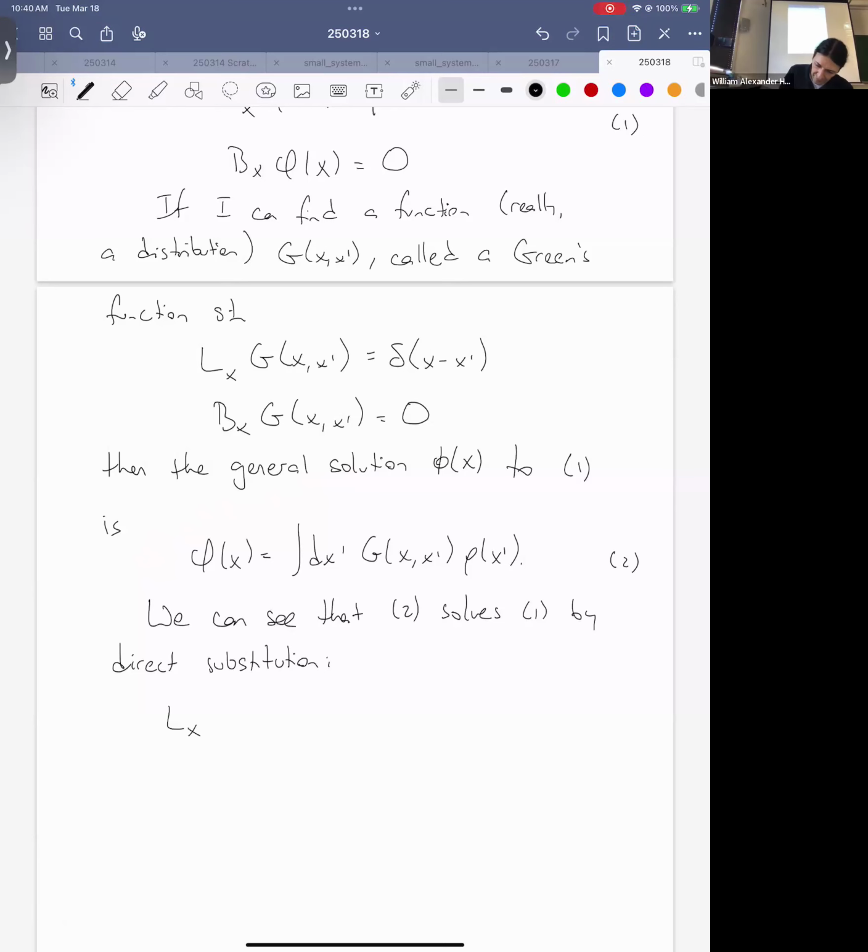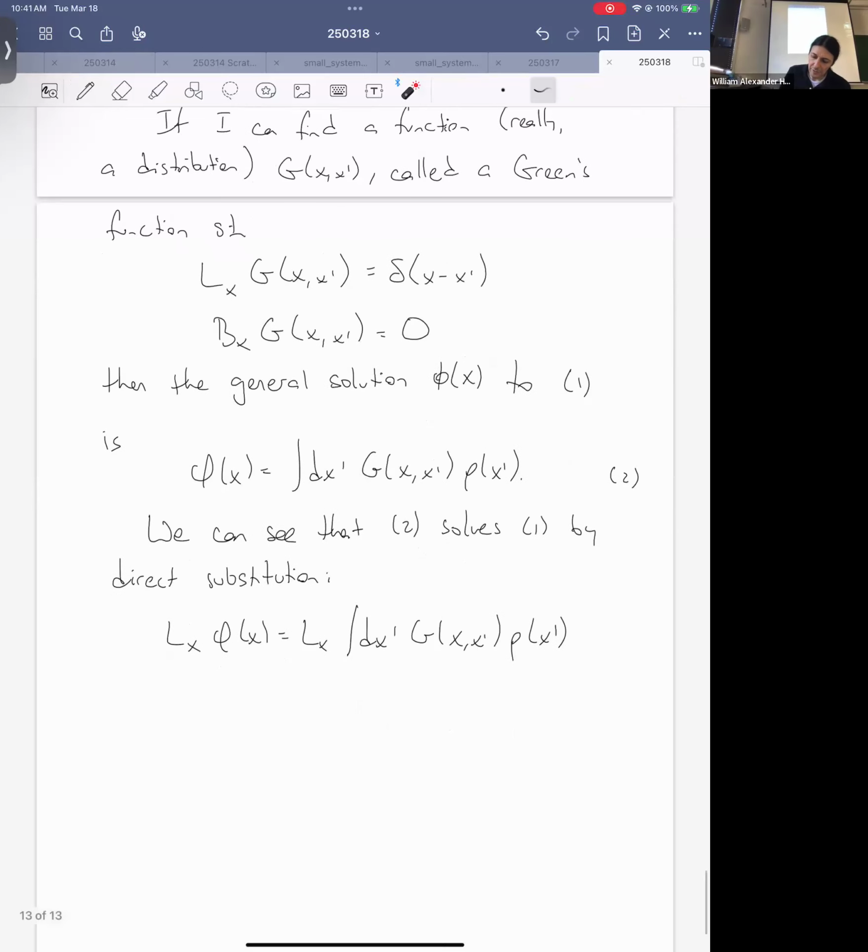If I act the differential operator on phi of x, this is the differential operator acting on this expression. And the key point is that the differential operator is acting on x, while the integral is acting on the x primes. And so I can bring the operator through.